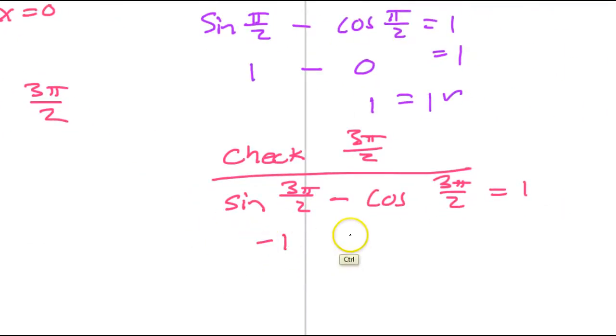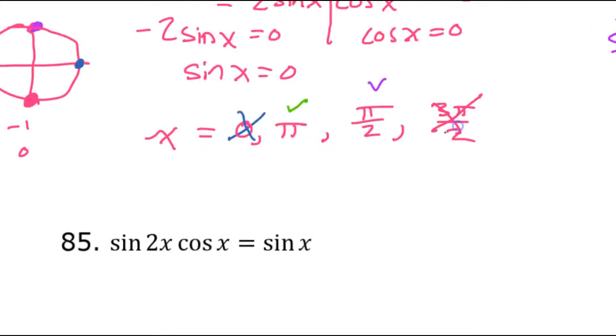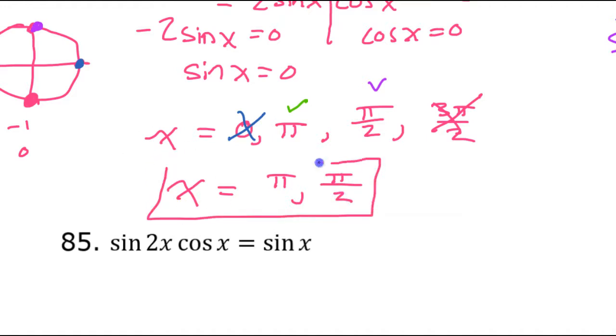Well, this would just boil down to negative 1 equals 1. And of course these are not equal. So this does not check out. So that is another extraneous solution. So in the end, x equals pi and pi over 2. These are the only true solutions.